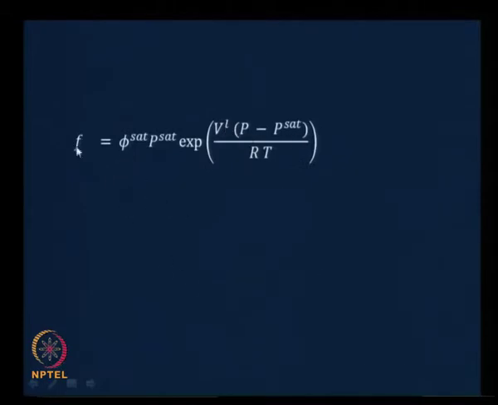Now, F by F sat was exponential of VL (P minus P sat) by RT. Therefore, F equals F sat exponential of VL (P minus P sat) by RT. You have just replaced F sat by phi sat P sat. Let us call this equation 534.